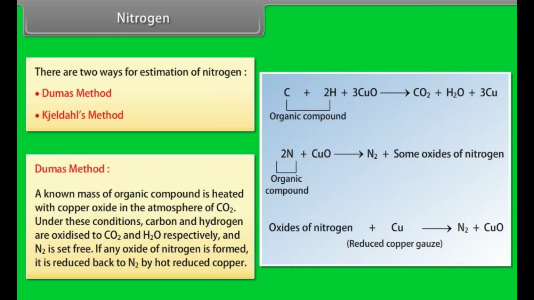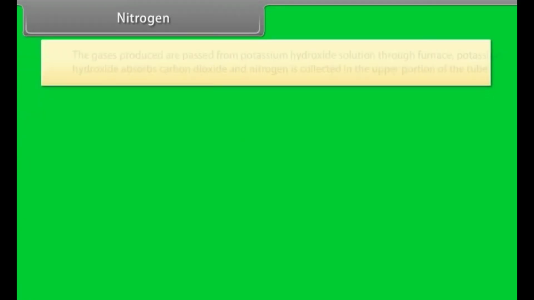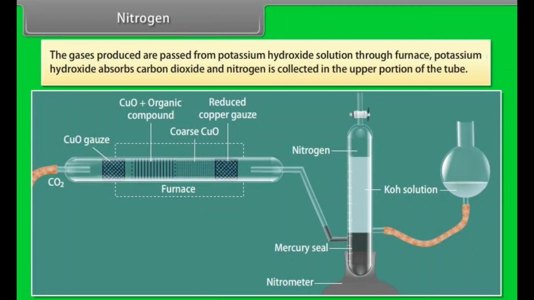If any oxide of nitrogen is formed, it is reduced back to nitrogen by hot reduced copper. The gases produced are passed through potassium hydroxide solution in a furnace. Potassium hydroxide absorbs carbon dioxide and nitrogen is collected in the upper portion of the tube.